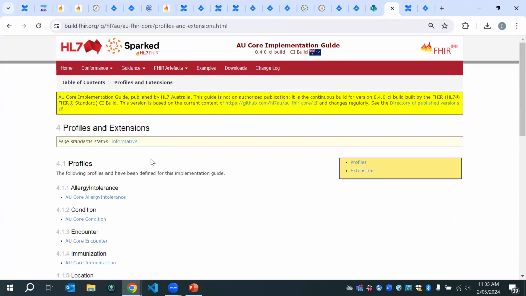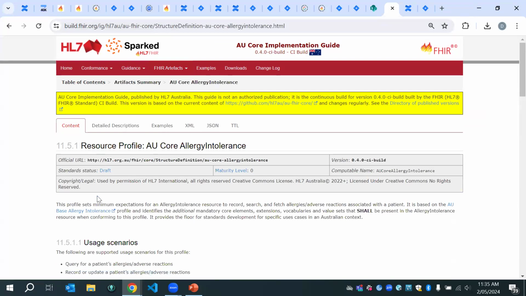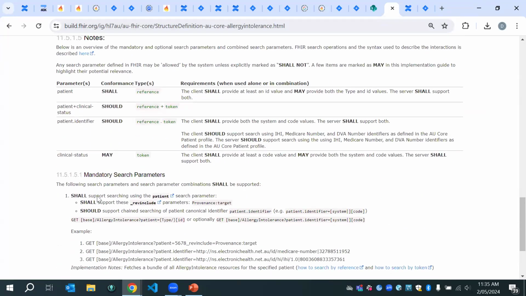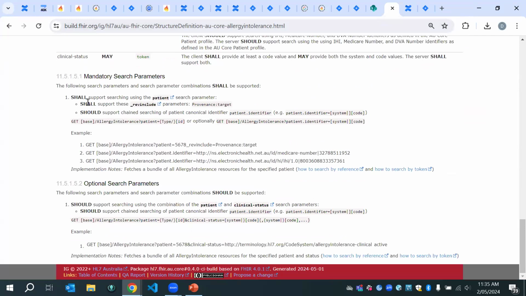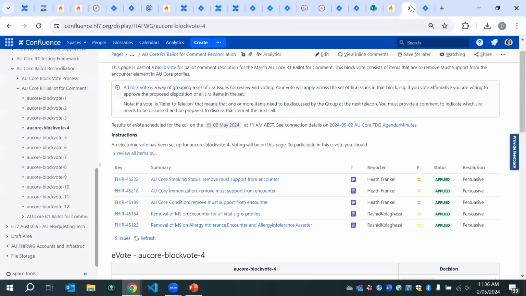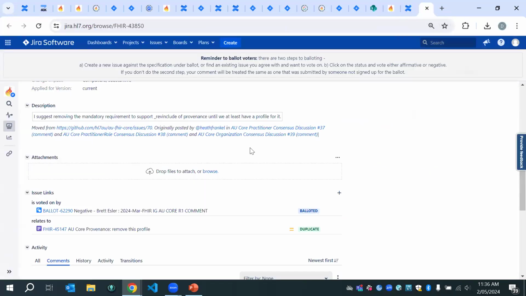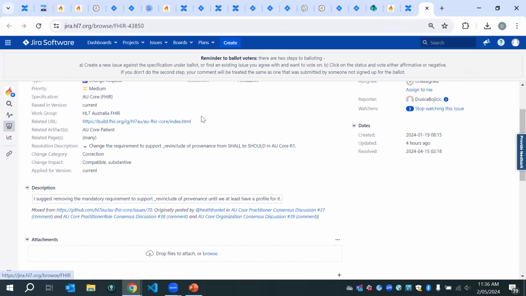But what you'll find underneath the profiles is a requirement for search to support the revinclude provenance search parameter. And the ballot comment was raised to remove the mandatory requirement for this. And the proposed resolution here is to change that so that it isn't a shall and so that it's only a should, essentially in alignment with the requirement of the provenance profile.